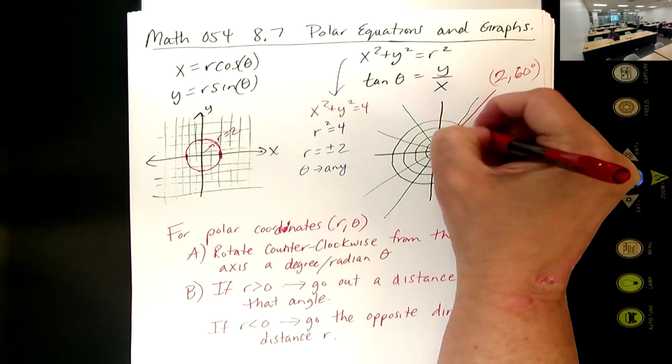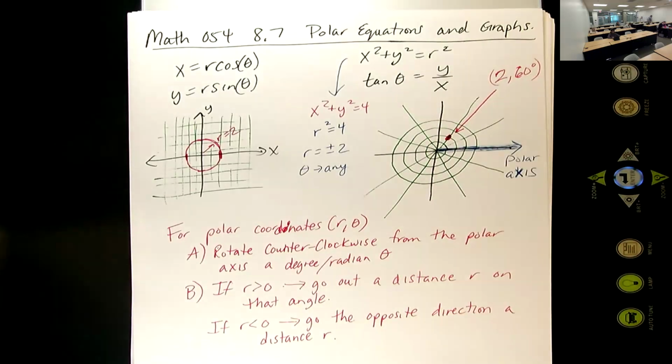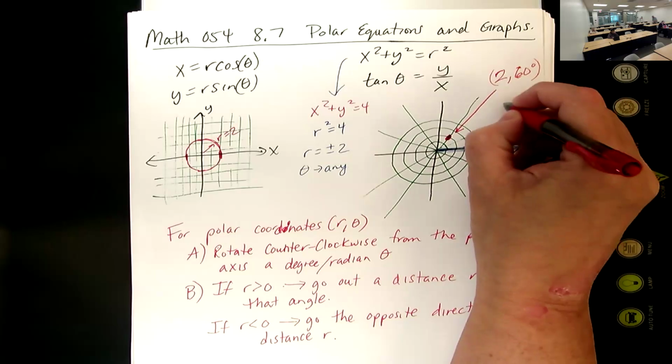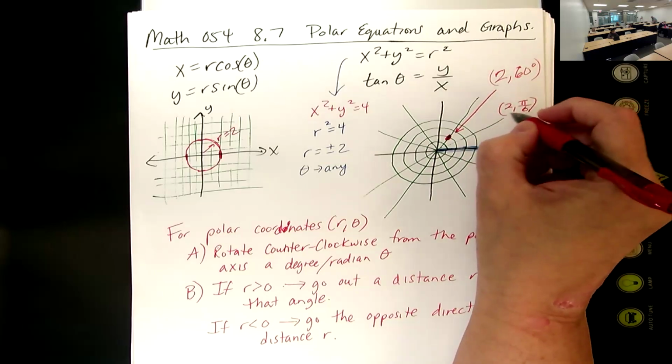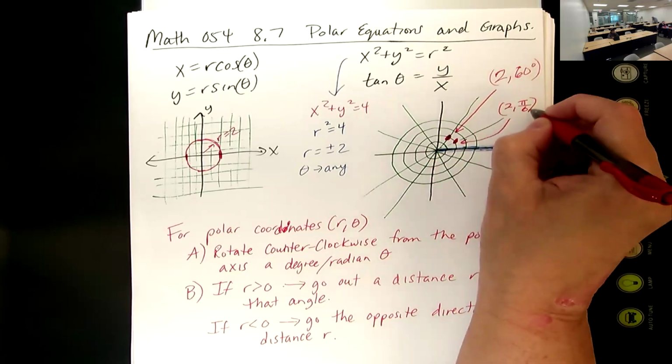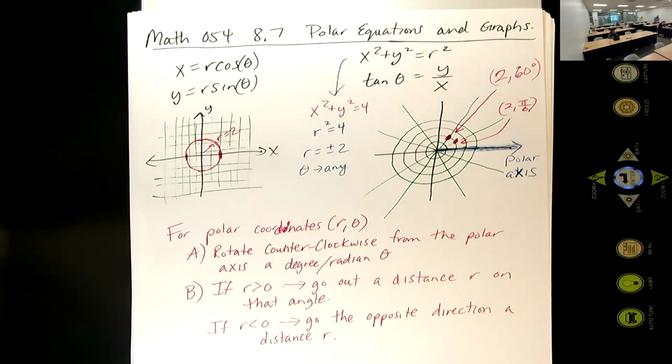So 2, 60 degrees is that point right there. If I rotated 2 pi over 6, I get to this point right there. Showing degrees and radians here. Normally you wouldn't have the same on both graphs, but no point in doing them separately.